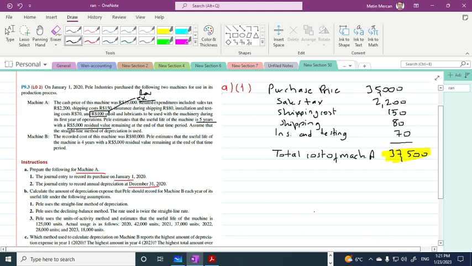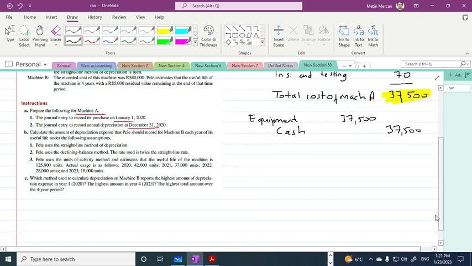What you need to do here is record the equipment, or you can say machine, it doesn't matter, at 37,500. The asset will be increased. Let's say the company paid cash and purchased it, $37,500. All right, this is one.